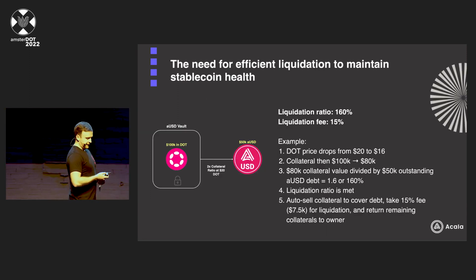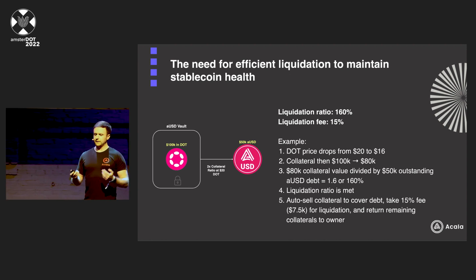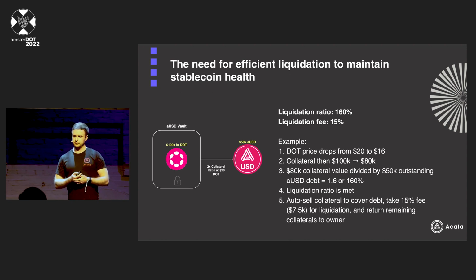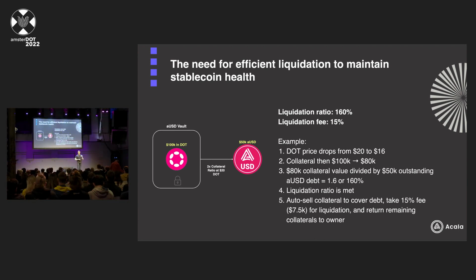So why do we need to do liquidations, and how do we maintain the health of the protocol? In this example, we're still at that 160% liquidation ratio, and I'm going to walk you through the math.